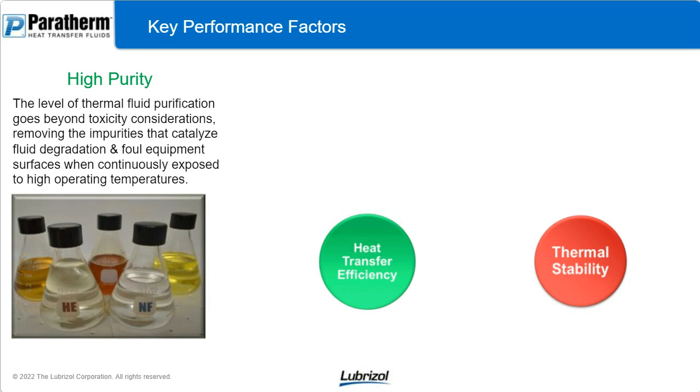So there's a lot of impurities in that natural oil: sulfurs and asphaltene type products and tars and all these different things that catalyze and by themselves are not thermally stable, will break out and foul onto the equipment surfaces, will decrease the efficiency of the product and cause all kinds of problems, right? So removing those impurities up front is really important. An inferior purified product will still have a lot of those impurities left in it. So the degradation products are automatically going to be starting off at a downward point when you have the impure products.